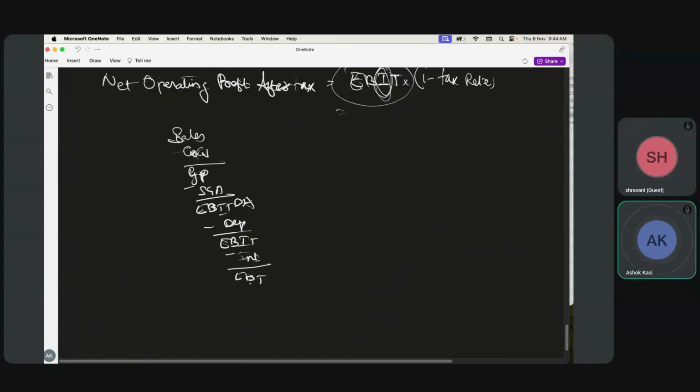Earning before tax, minus tax, net profit. Now from this EBIT directly you are paying tax. So assuming there is no interest, what you get after this is called NOPAT.